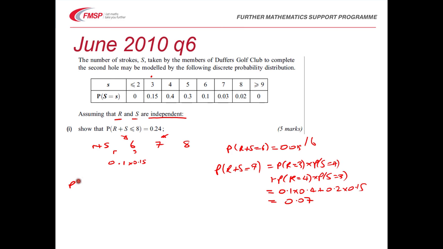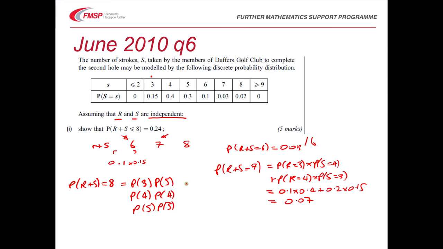Then, for the probability of R plus S equals 8, there's a few more selections here. There's 3 in total. This is worked out by the probability of R being 3 times S being 5, R being 4, S being 4, R being 5, S being 3.